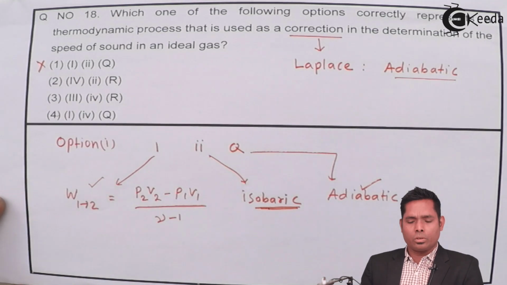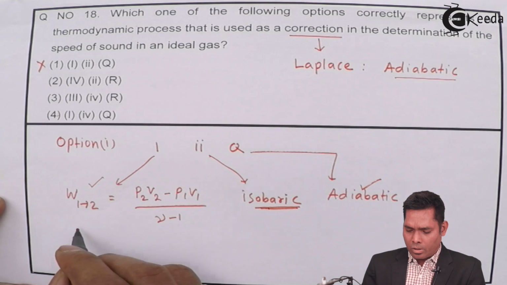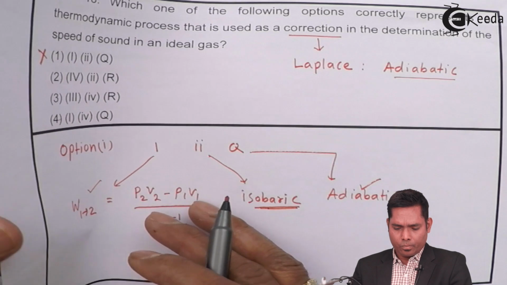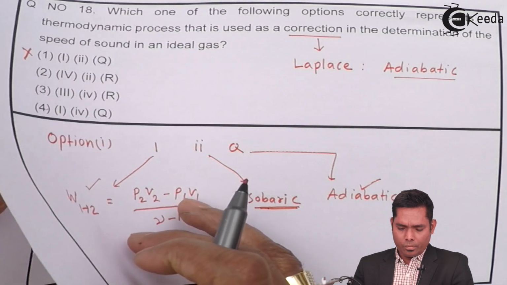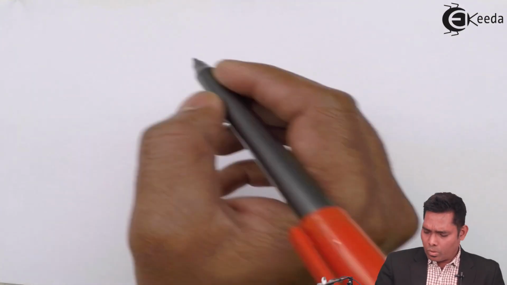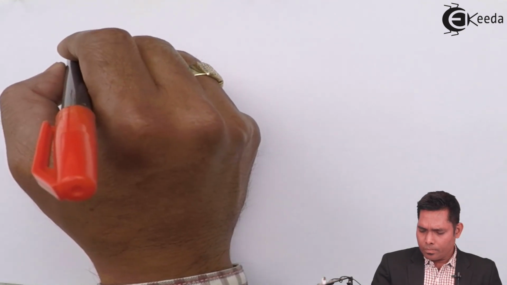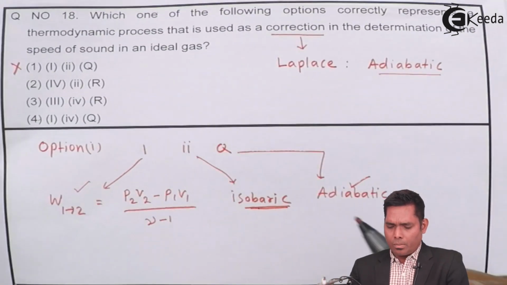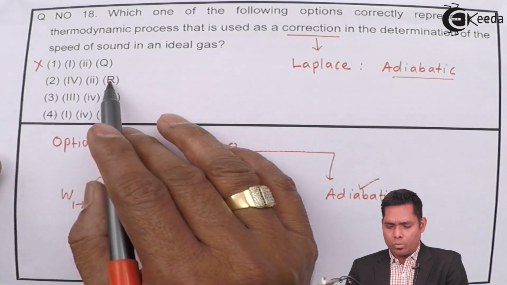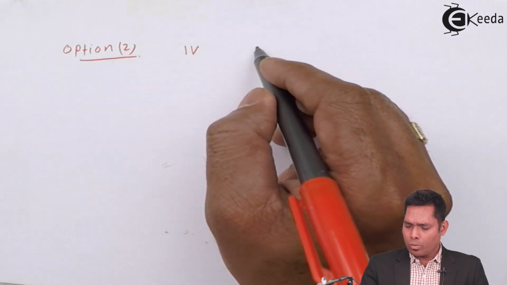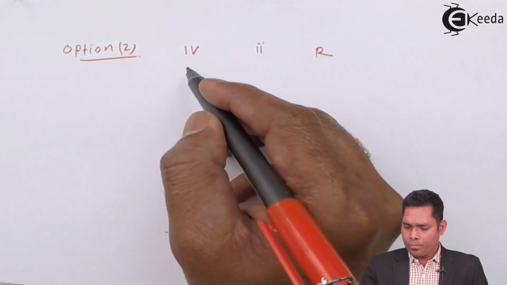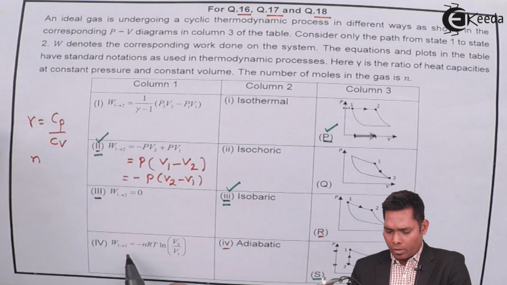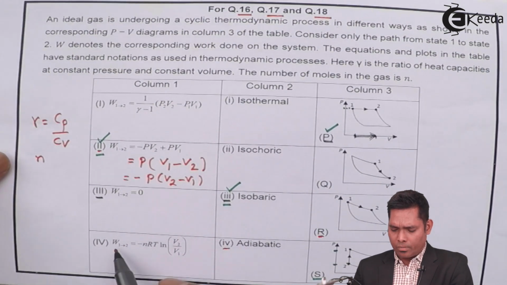Let us move to the second option, option number 2. Option number 2 talks about 4, 2, R. 4 from column 1 is the work done in the isothermal process.